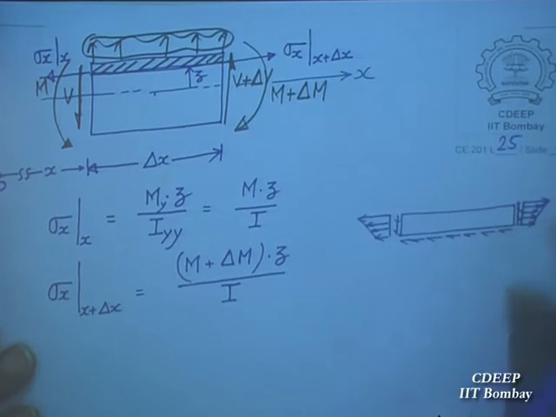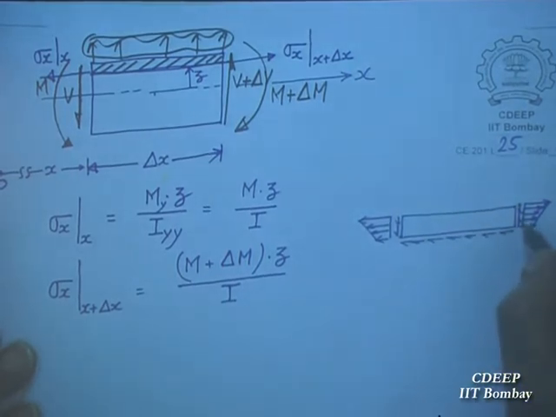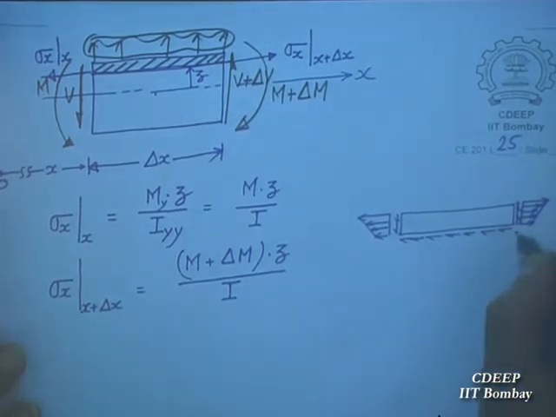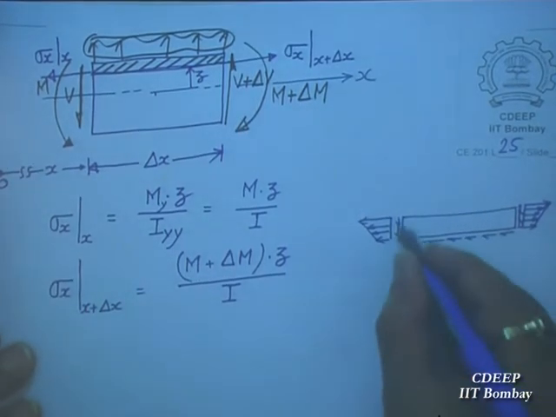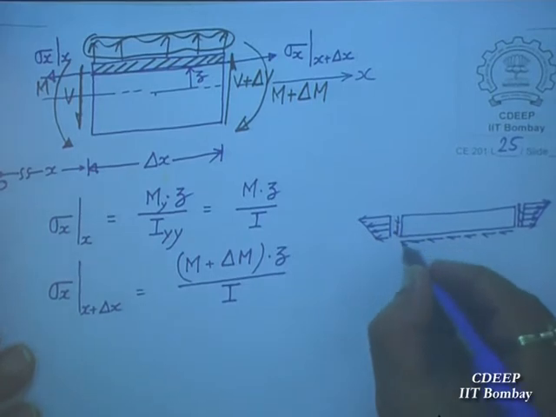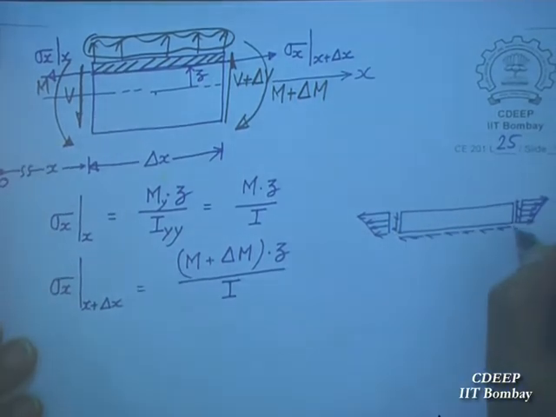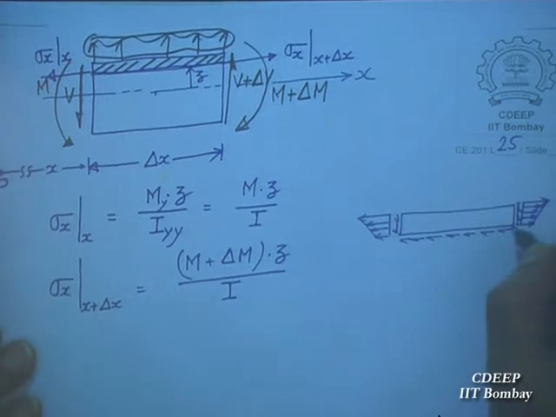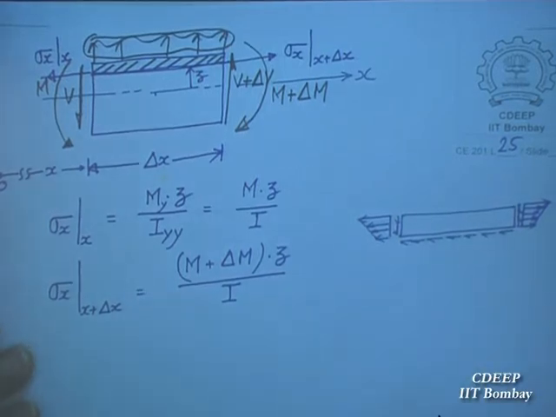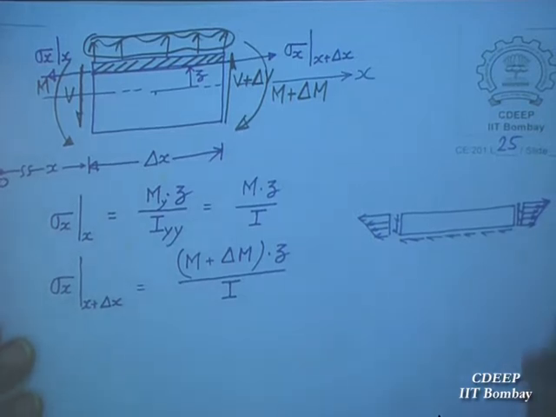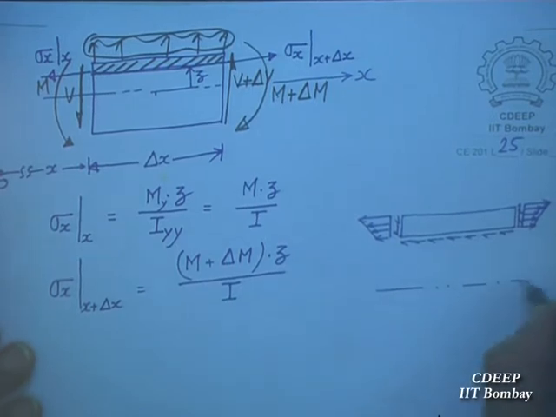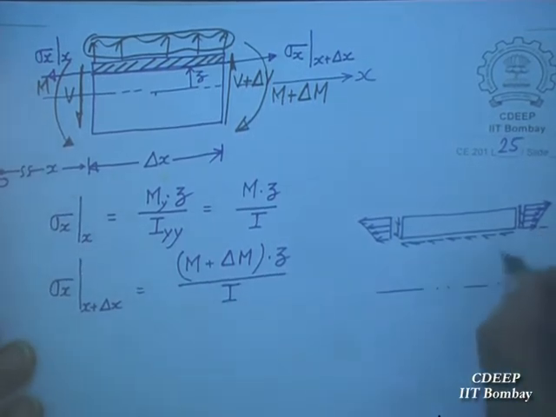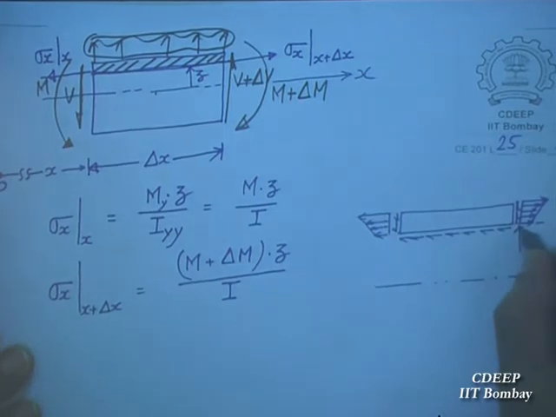This is an element. This one is going upward, so shear stresses are always complementary. So if it is going upward, it has to be like this. So that here, see, both the arrows are going away at this corner. So this is the shear stress at that level, at a distance z. This diagram is important. This distance is z.